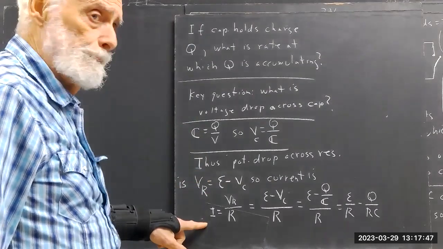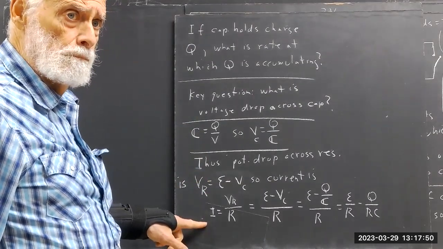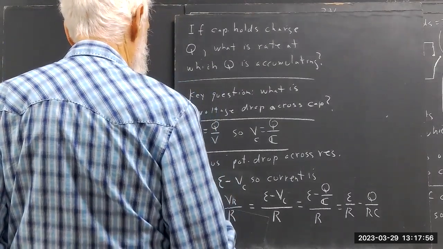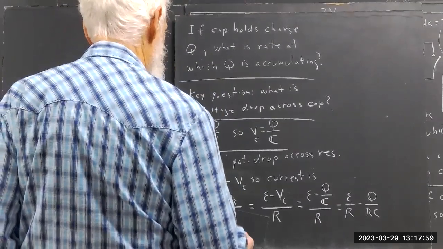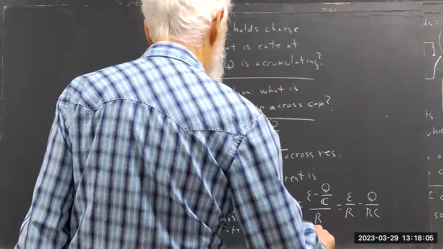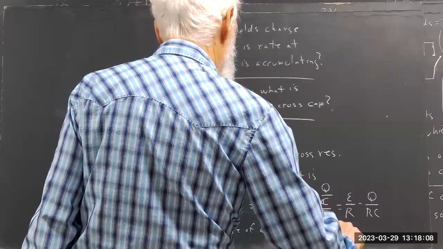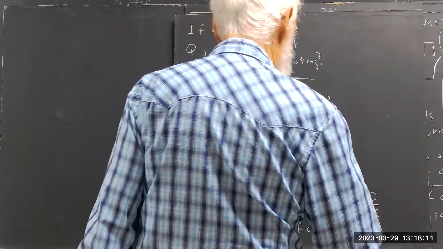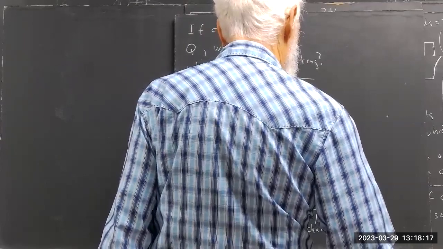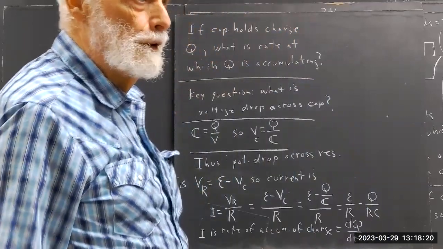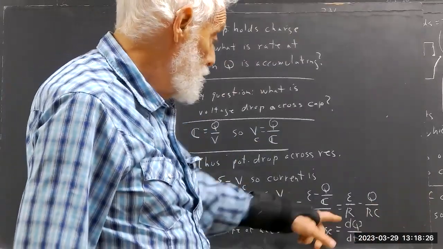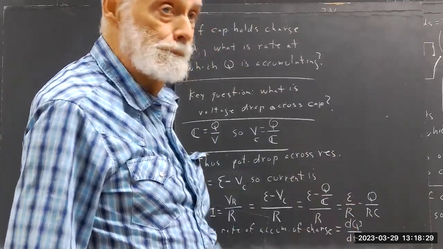Well, what's I? I is the rate at which charge is accumulated. What's the rate of accumulation of charge? It's dq dt. And because the charge is always changing, dq, you got it right, this is a derivative.